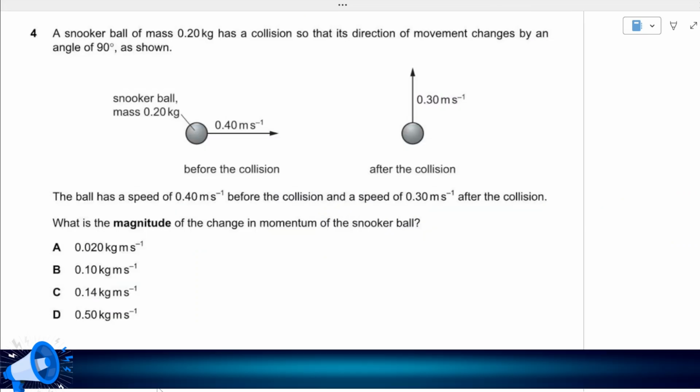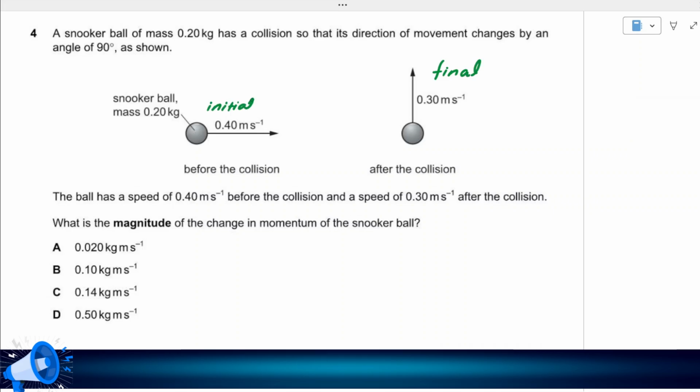So what is the magnitude of the change in momentum of the snooker ball? Okay, so the change in momentum is basically the final momentum minus the initial momentum. So this is your final momentum, minus this is your initial.